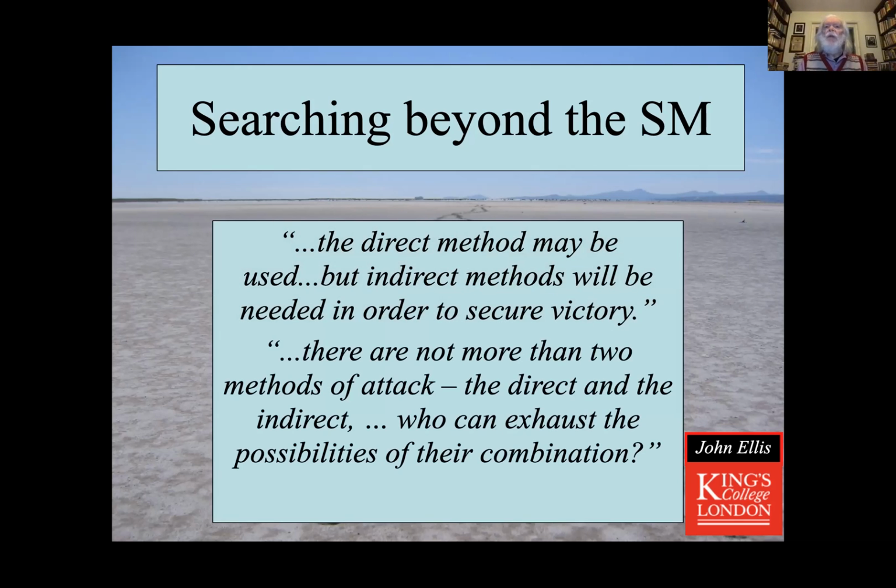The direct method may be used, but indirect methods will be needed in order to secure victory. Who can exhaust the possibilities of their combination? As you probably know, these quotations are taken from Sun Tzu, The Art of War, although I'm going to be applying his advice in a somewhat different way.